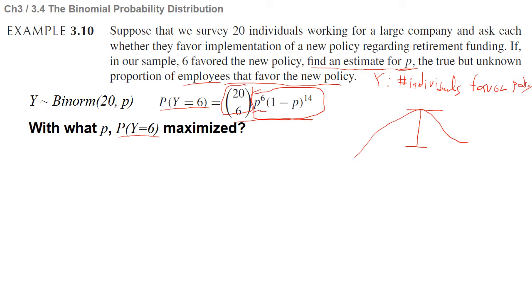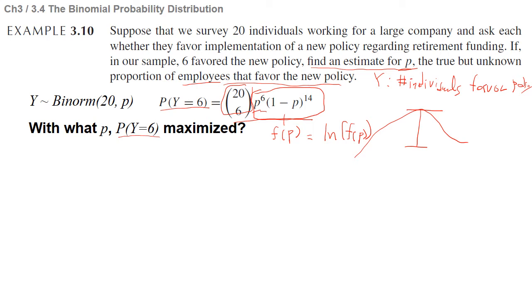Actually, we will use the log trick. This is our original function f(p), and maximizing this f(p) is the same as maximizing log of f(p). This log function is a continuous increasing function.